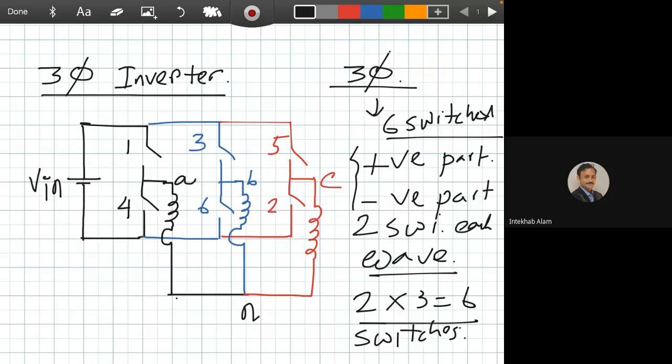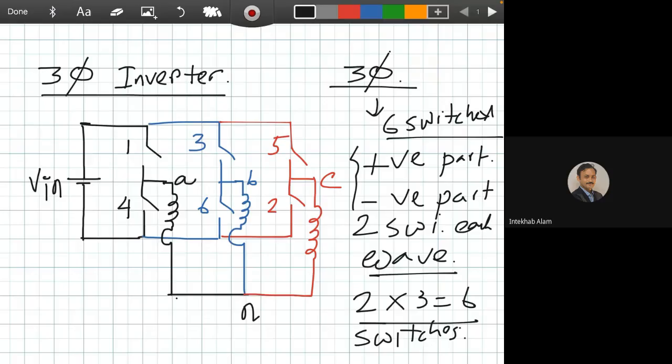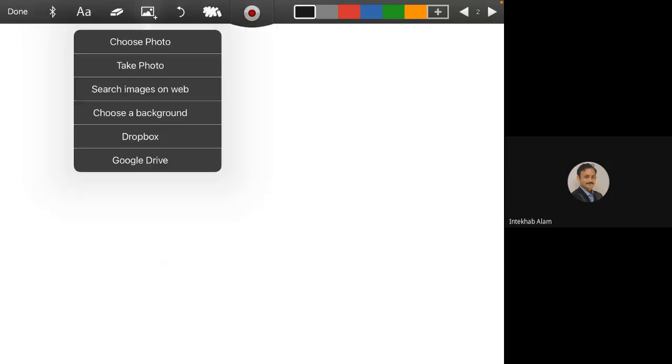Then we have to think about the other parts: how we can draw the output waveshapes, and how we can manage those switches. Okay, so I'll go to the next point.